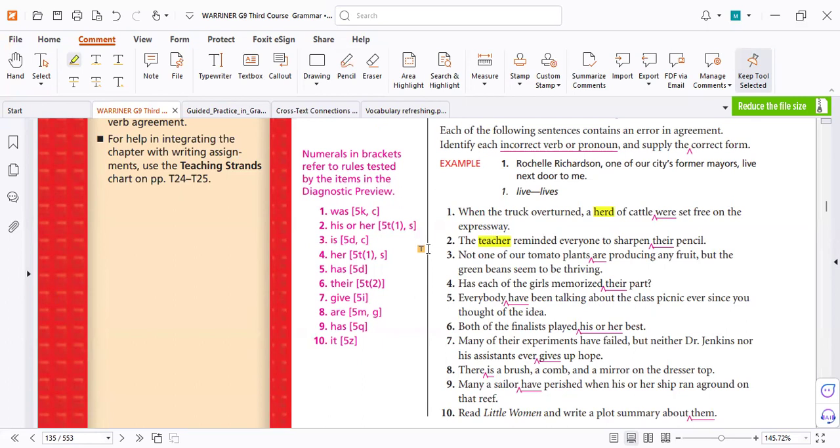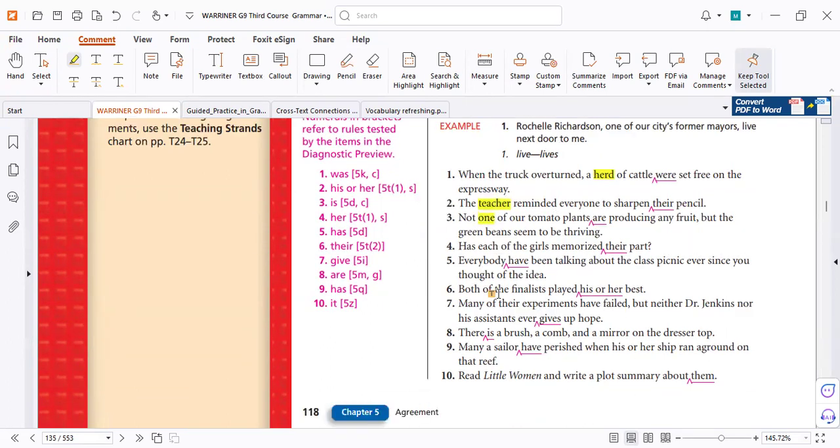No. There must be evidence in the text. The author, for example, does not mention anything about the teacher, male or female. So he keeps it general. So it must be "his or her." Again, "not one of our tomato plants" must be singular because he said "one." So after study, you can check all of these.